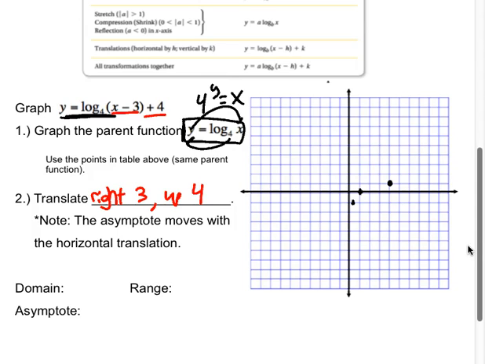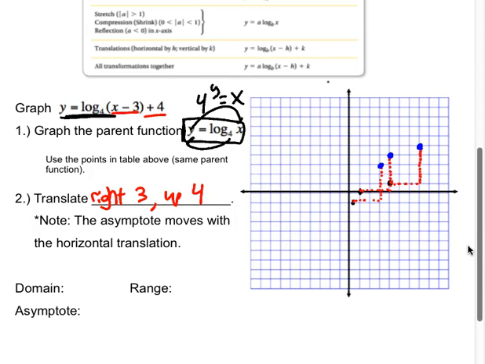I'm going to take this point right here, right 3, up 4. 1, 2, 3, 4. And now that point lands right there. Let's take this point, right 3, up 4. Let's take this point, right 3, up 4. So there are my new points.